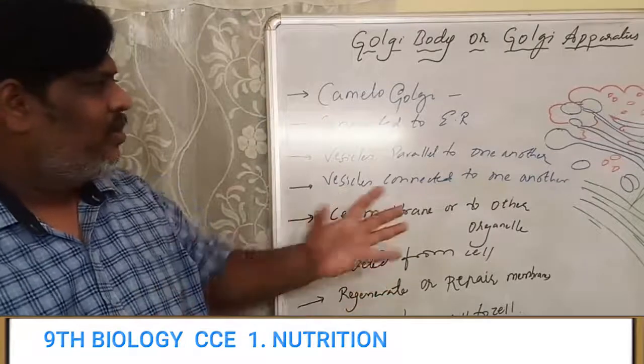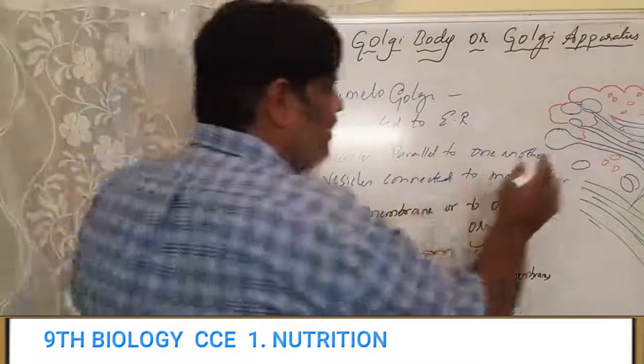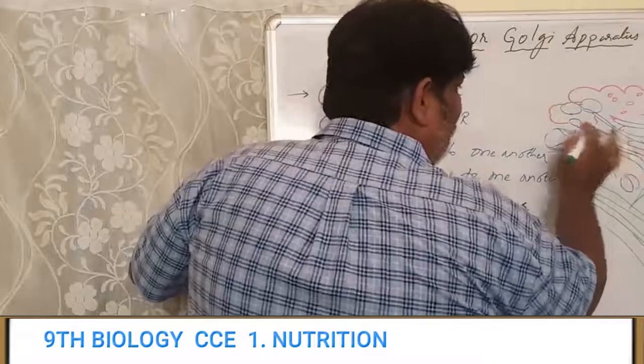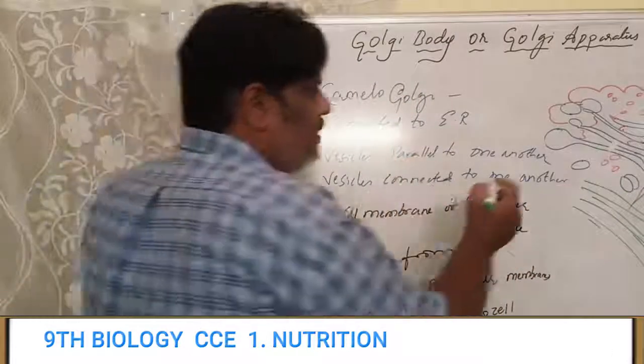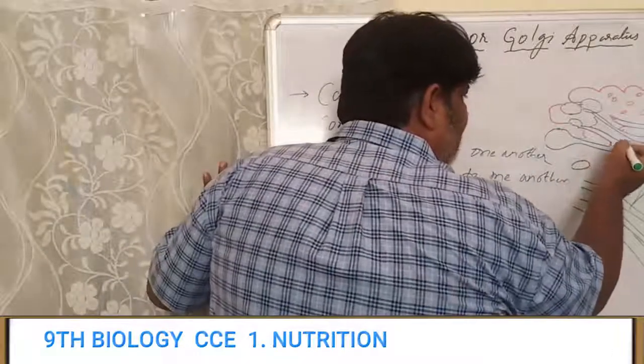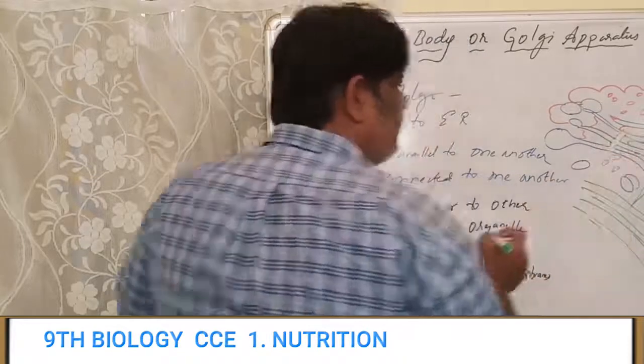So here the packing unit is the Golgi body or Golgi apparatus, and these are all called vesicles. 1, 2, 3, 4, what a number. Even they are connected with each other. They are not separate, but connected with each other.